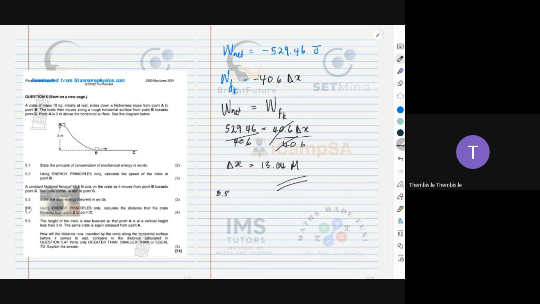So this is logical. So here you see it's very steep, very steep. So what they're asking us, if let's say now we have box A here, then if we lower this height to less than 3, our path would be something like this, right?